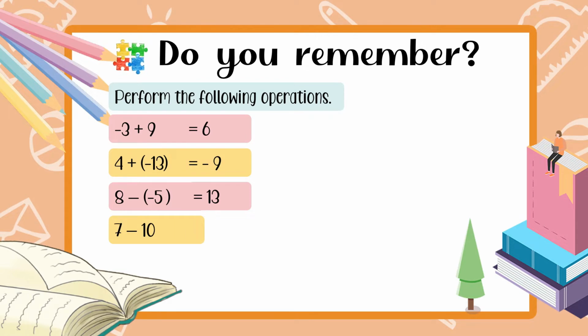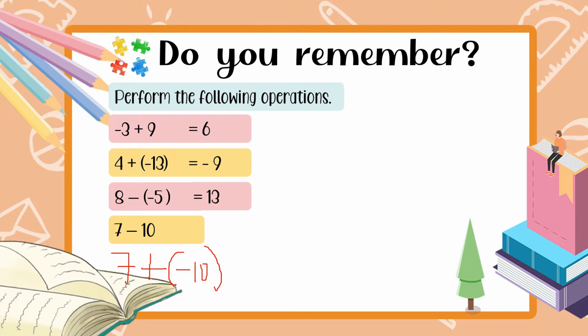Next, 7 minus 10. Subtraction ulit. So, we have to do ko-cha-cha. So, copy 7. Change the minus sign, gagawin nating plus sign. Then, this is a positive 10. So, we will have to change it to negative 10. So, meron na tayong addition and we have different signs na integers.